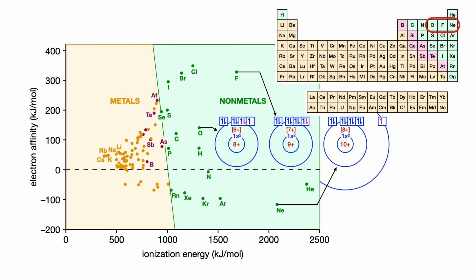And worse than that, if a new electron were to come into the atom, it's going to repel all of the electrons that were already there, raising their energies. And so that's why the electron affinity of an atom like neon is negative. It has no tendency to pull in an electron, and in fact, you would have to push an electron to force it to join a neon atom. So neon has a negative electron affinity.